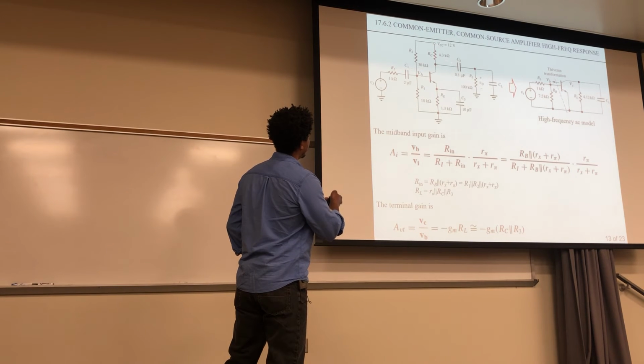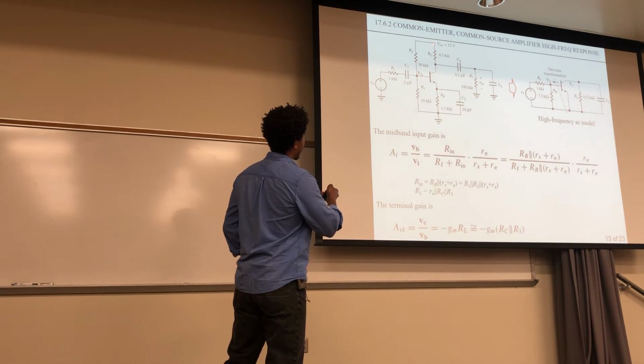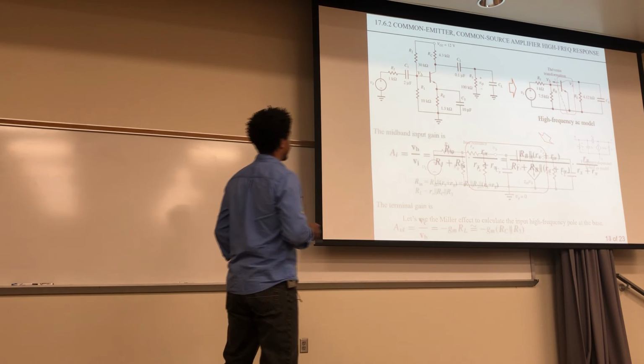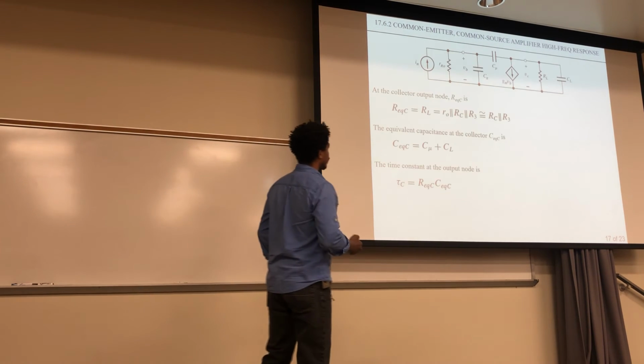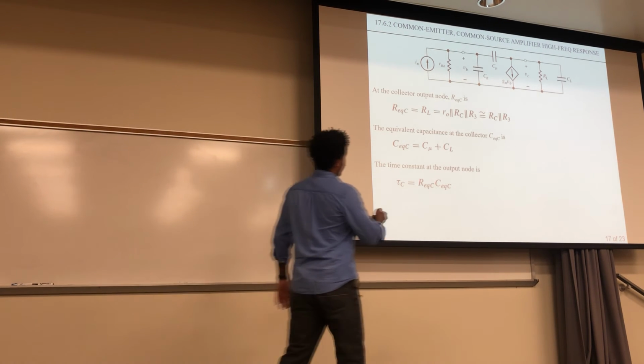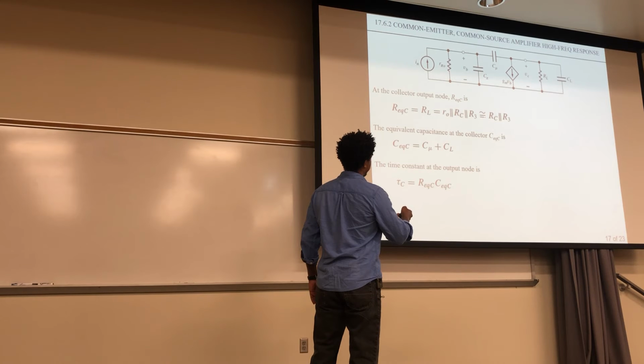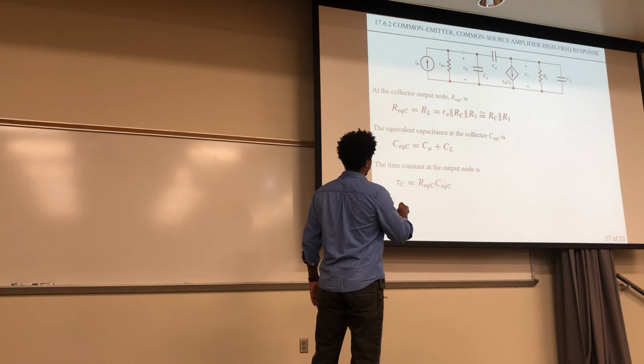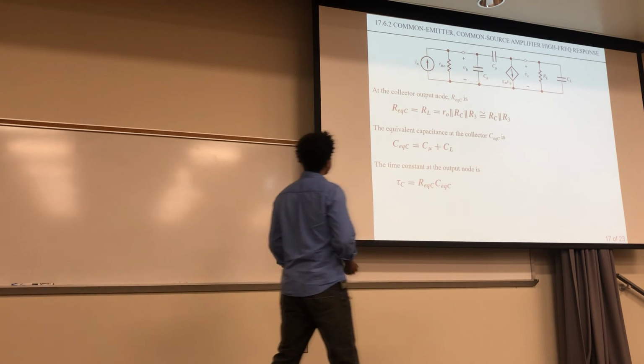Remember, these two go in parallel because that goes to ground, and that's short-circuited. So that's where that comes from. And this is an approximation because you're not including the R0. You're thinking that's really large, so most of the current will go through these guys.